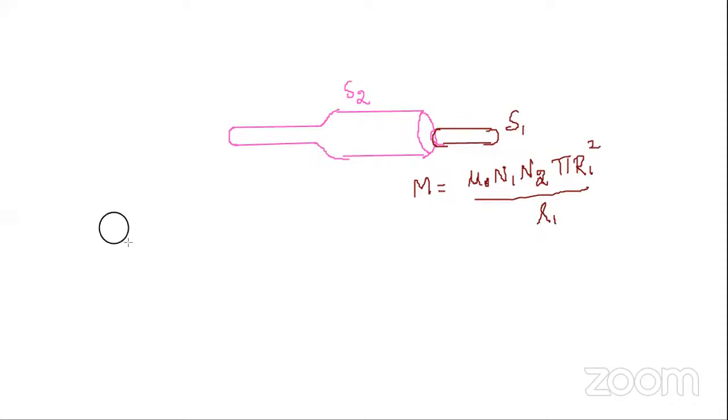Here you have one coil, here you have another coil. This is radius R1.